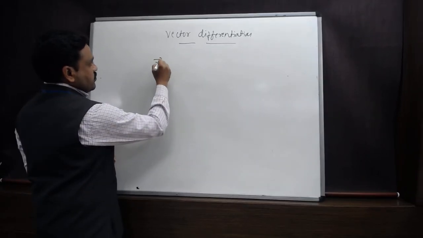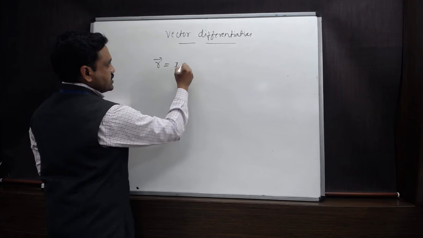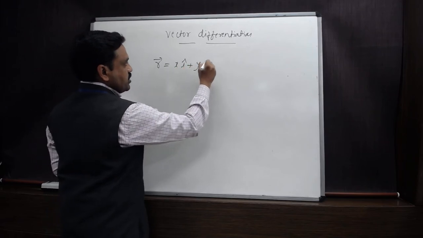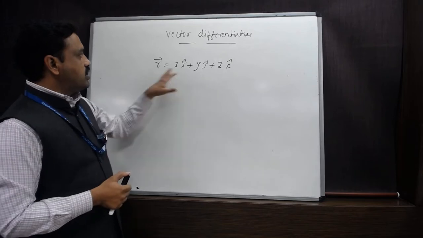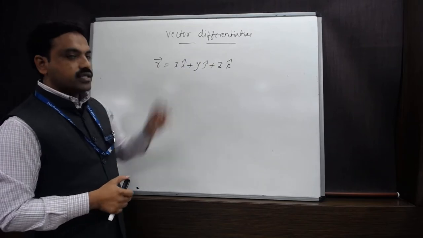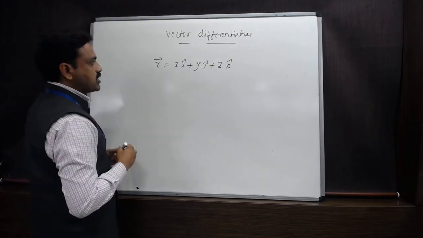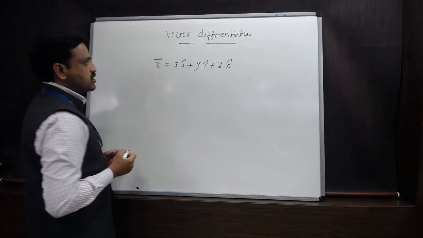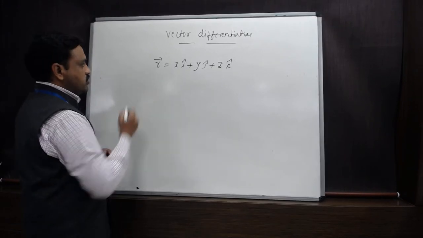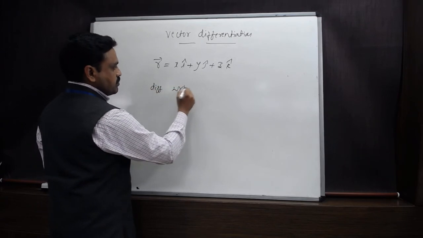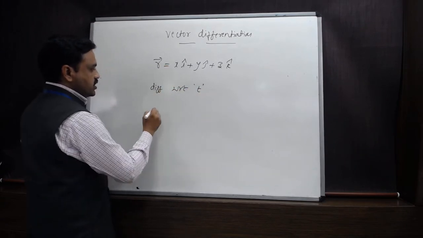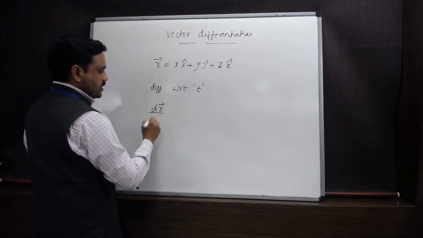Let us consider a vector R equal to xi plus yj plus zk, where R is called a position vector. This is the important, basic vector we will consider. R is equal to xi plus yj plus zk. Now if I differentiate with respect to t, this is denoted as dr by dt.